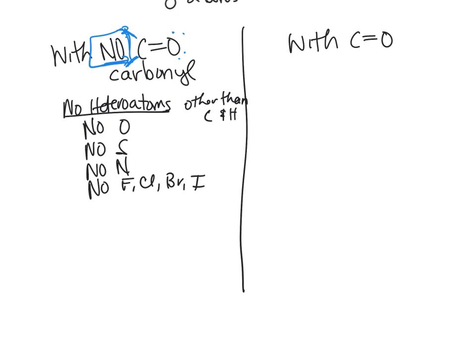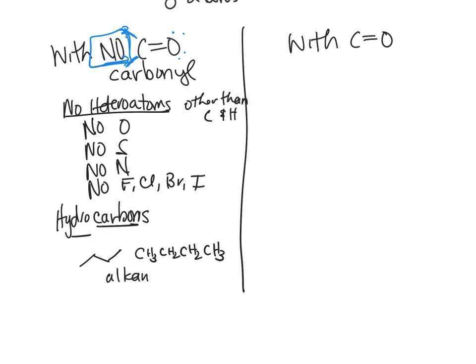If it has no heteroatoms, they are called hydrocarbons, because there are carbons and hydrogens only. So something like this, what is this? This is CH3, CH2, CH2, CH3, and this is an alkane.